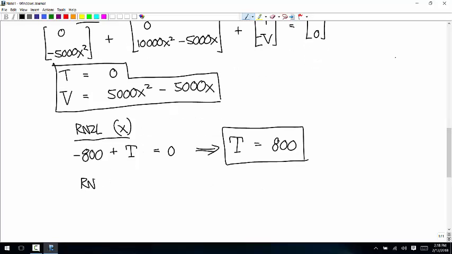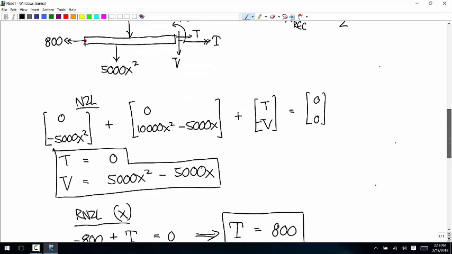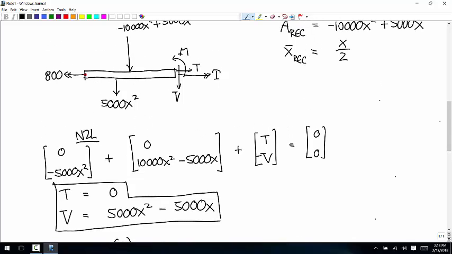And then the moment equation about the z-axis. All right, so what's going to produce moments about the z-axis? This won't. That's about the x-axis. This will. This will. Then the couple, and then v. Okay, so first, the 5,000 x squared. What's the moment arm for that? Yes.